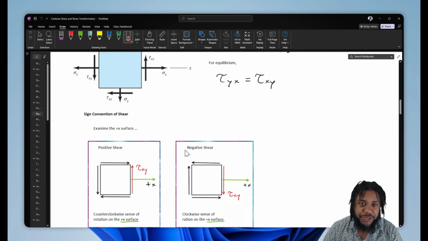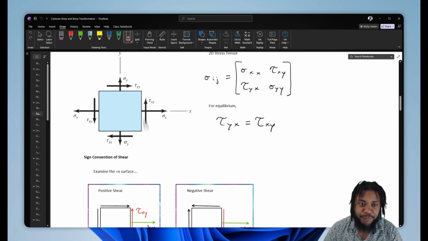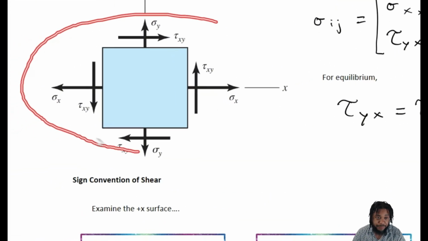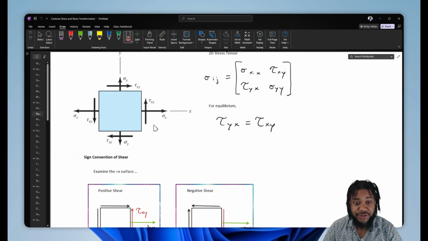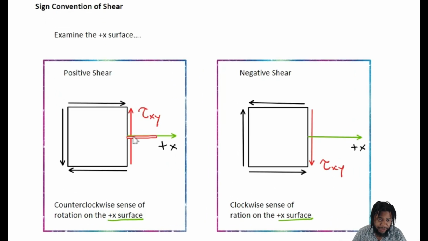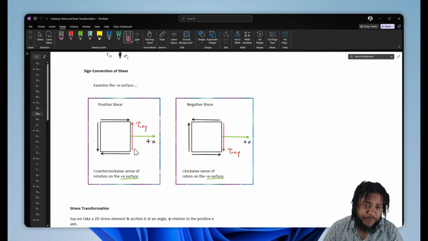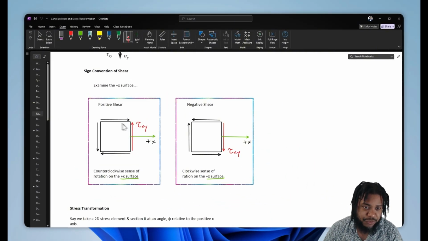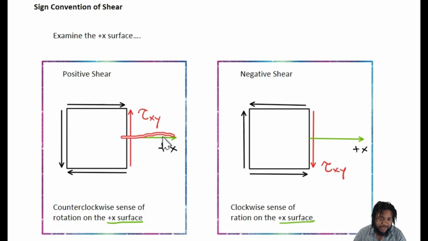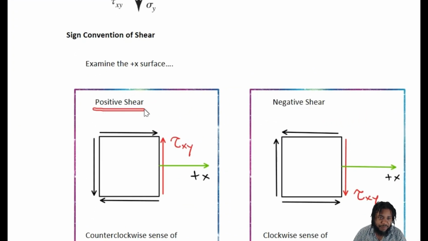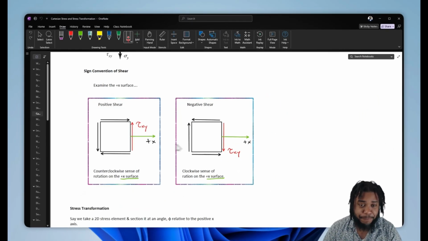Now, another important thing we need to note when we're looking at these stress elements is how to figure out what is a positive sign convention. If we were to draw one of these elements, what sense is positive, what sense is negative? So let's say we have a stress element, and let's examine the positive x surface. If we have a shear stress that is applied that's going to give us a counterclockwise sense of rotation with respect to this positive x surface, then that will define a positive shear stress applied to our body.